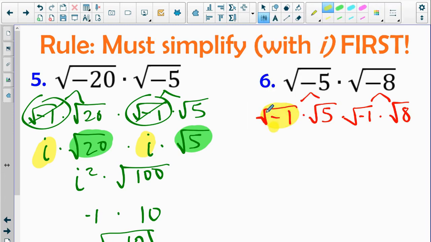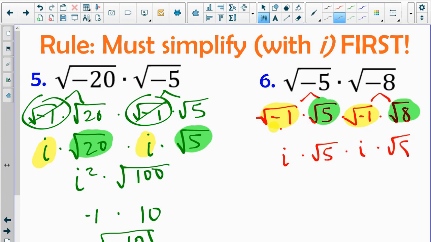So I'm going to multiply together my i's, and I'm going to multiply together my square roots. So i times square root 5, i times square root 8. And of course, we know i times i is i squared. That's that part. And the square root of 5 times the square root of 8 is the square root of 40.